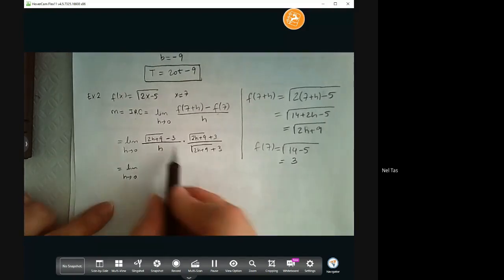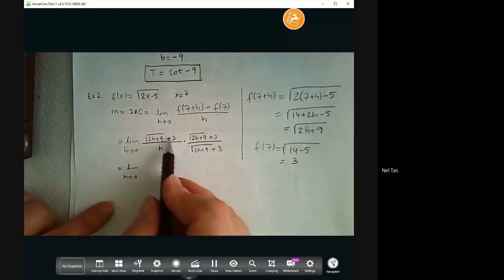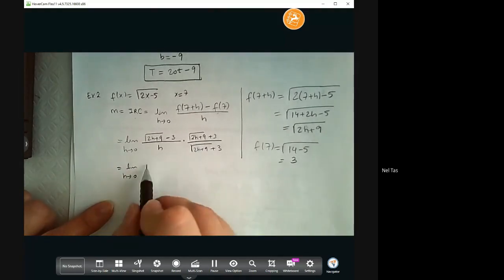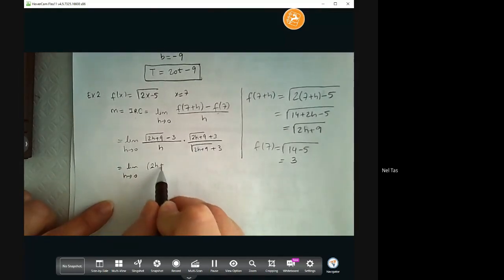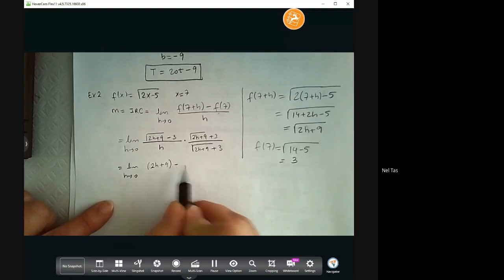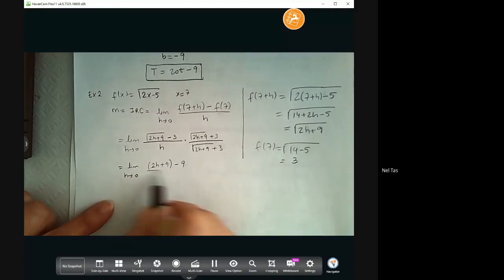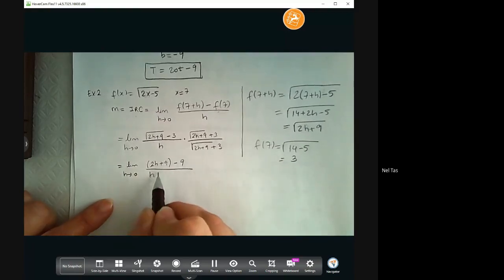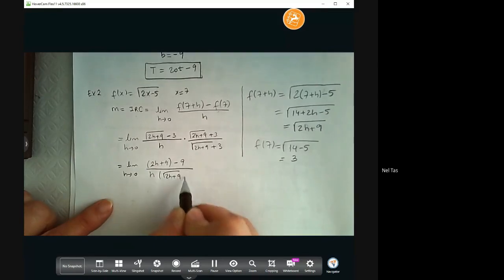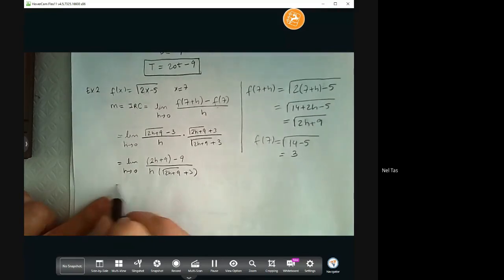Okay. So now we created a difference of squares here. So this gives us 2h plus 9 minus 3 squared, which is 9, over h times square root of 2h plus 9 plus 3.